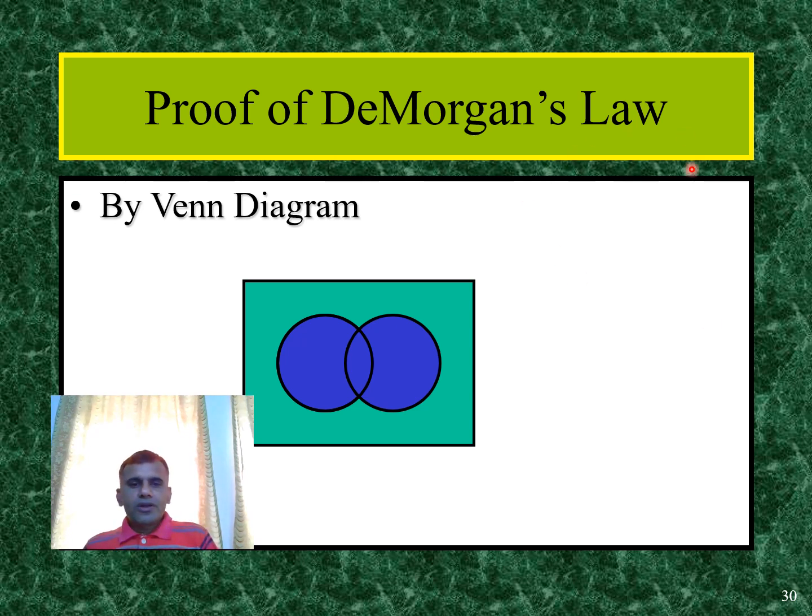Now the proof of De Morgan's law by Venn diagram is given. This one is A union B, so this will be (A union B) the whole dash, and this will be equal to A dash intersection B dash.